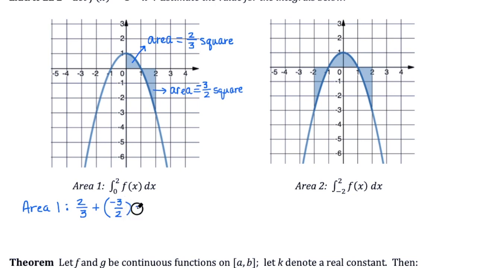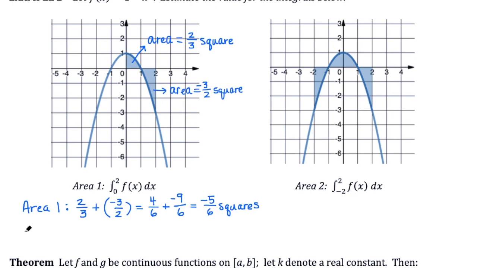I'm going to get a common denominator for my fractions here, which would be 6. And I find out that the area is composed of -5/6 squares. It should make sense to you that the overall answer is negative because there's more shaded area below the x-axis than there is above the x-axis. However, that's not my final answer.